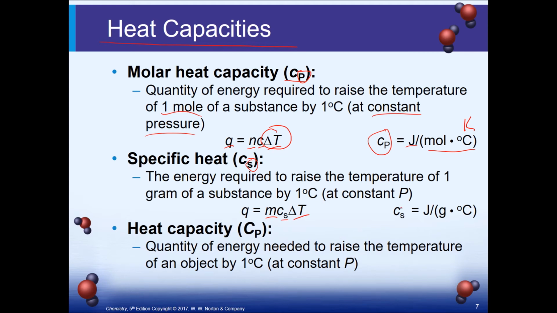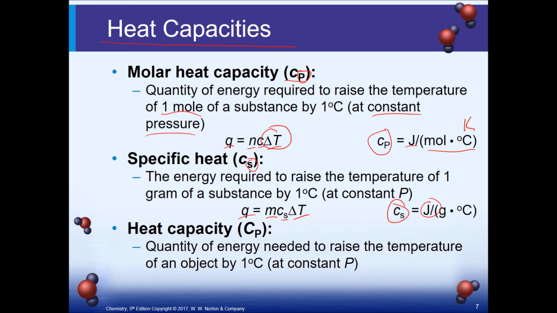The specific heat capacity has units of joules per gram degree Celsius, so if we look at our units, we'll have grams for the mass and degrees Celsius for temperature, and the units we'll be left with for heat will just be joules.